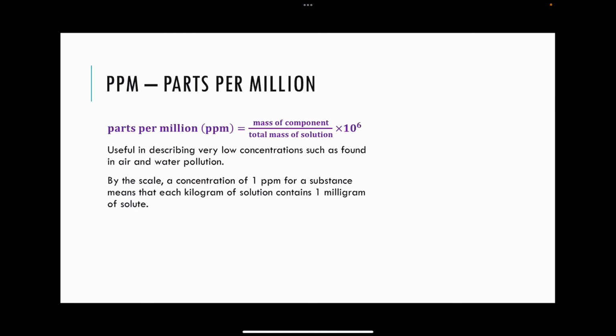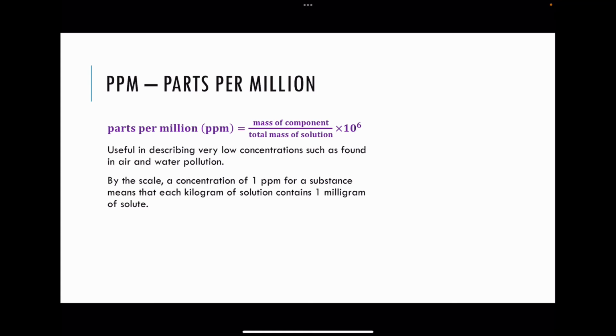There's another way to measure concentration, parts per million, ppm. It is a mass over mass scale. So mass of the component that you want to find out in a particular solution over the total mass of the solution.